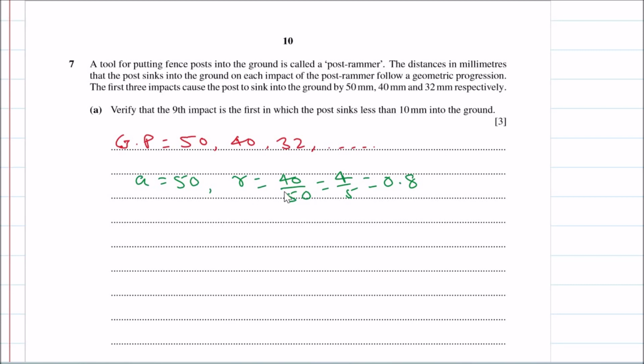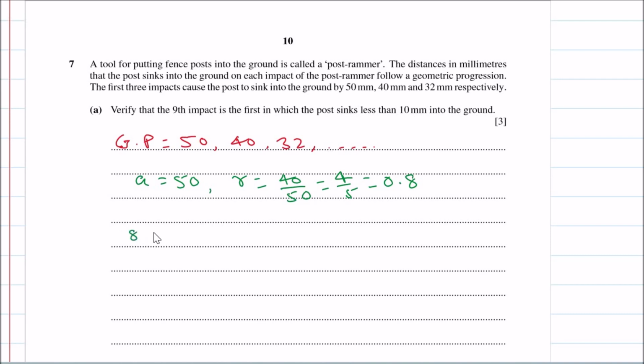Now we have to verify that the ninth impact is the first in which the post sinks less than 10 mm into the ground. So ninth it shows. So let us take one less, that is the eighth impact. Means we need to find the eighth term of the sequence. Eighth term of a GP, how to find?